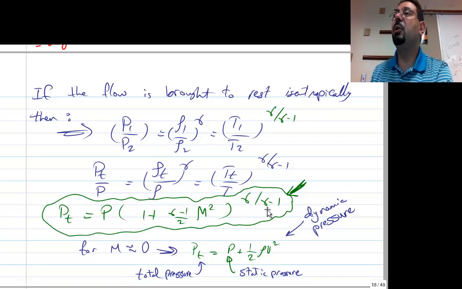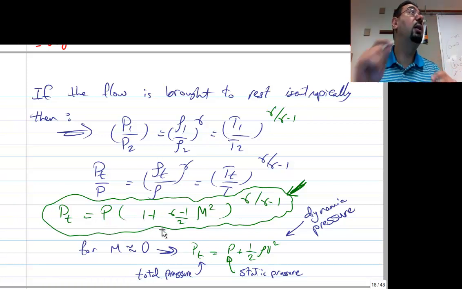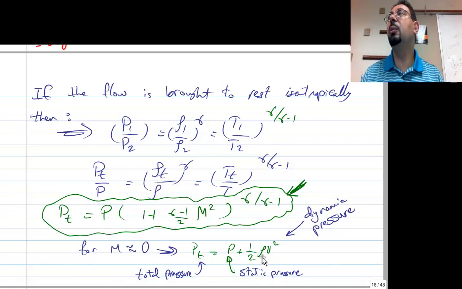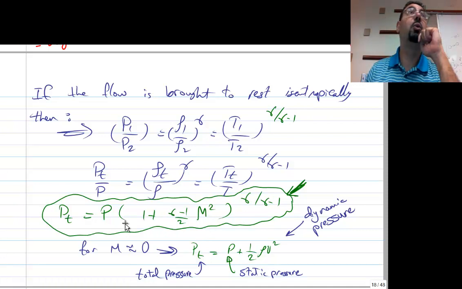If you expand this polynomial, and then take the limit as M goes to 0, you will show that this will end up being this. Right? So this equation is valid when the Mach number is very small, and this one is valid all the time. Subsonic, supersonic, anything. This equation is always valid. Right? Questions?